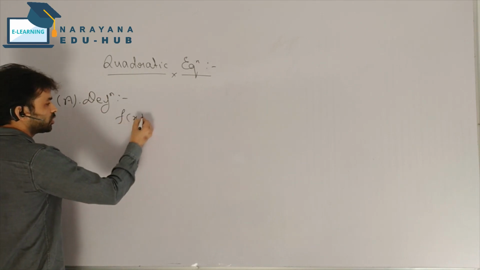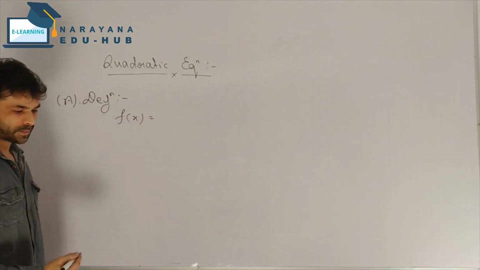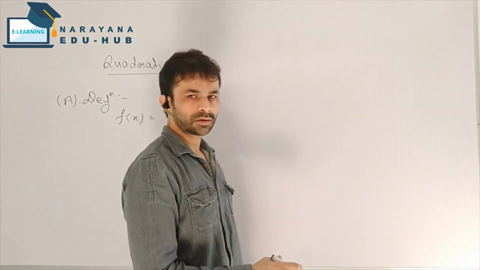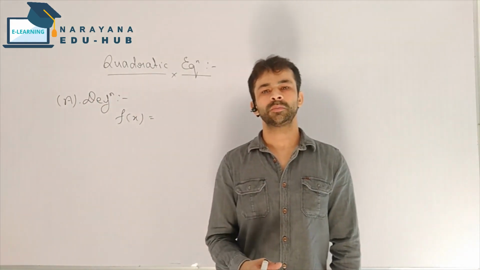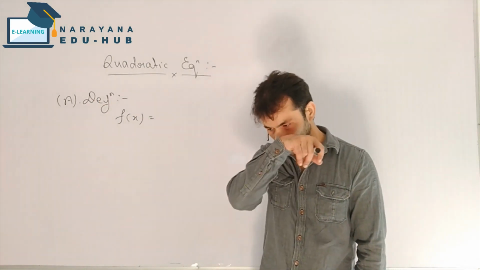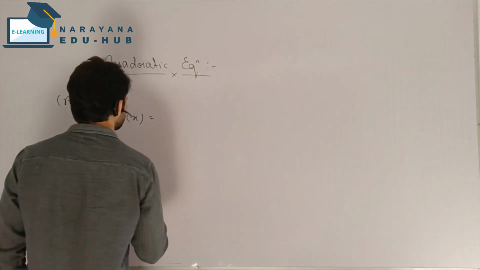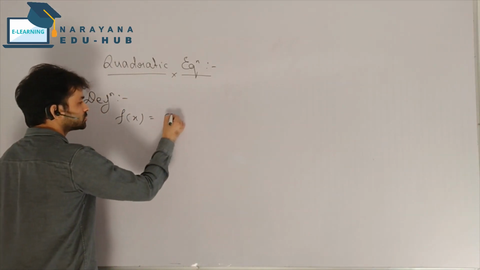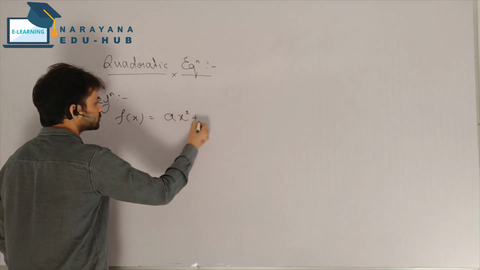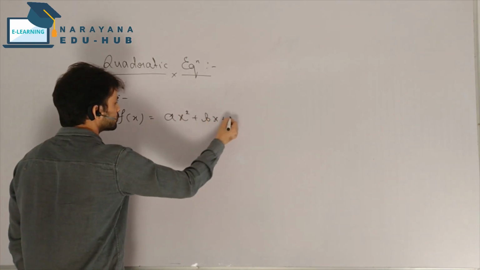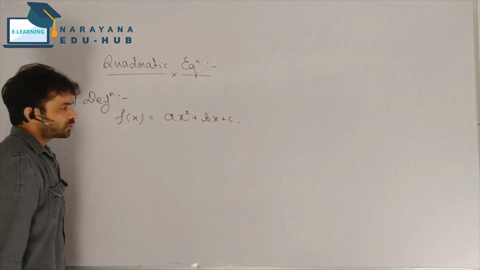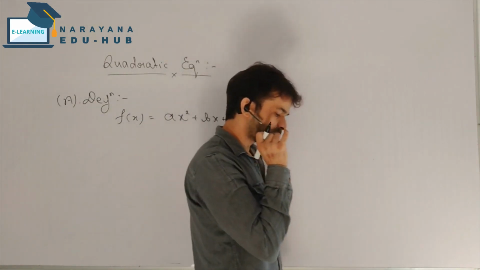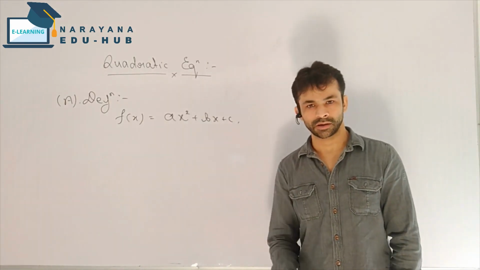A quadratic polynomial or quadratic function is simply a polynomial of second degree, a polynomial of second degree means like this. Now before discussing anything, one thing I want to make clear to you.